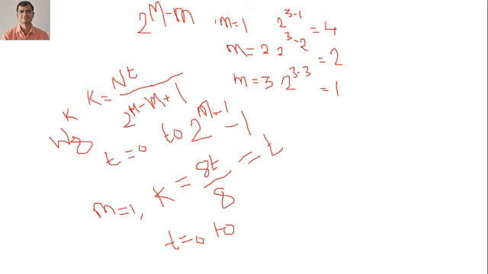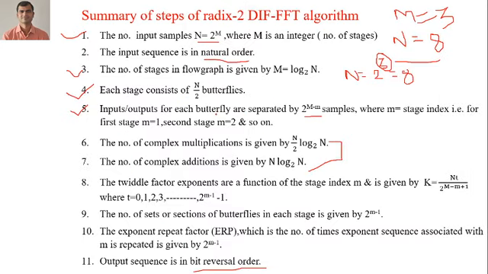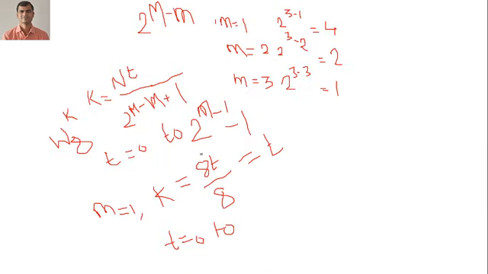Here it should be capital M, so we need to make changes: 2 raised to capital M minus small m minus 1.